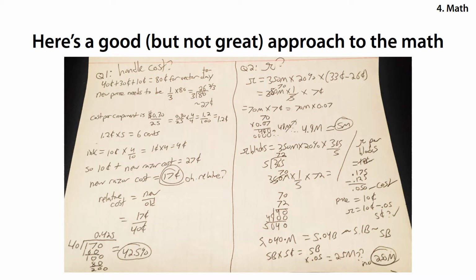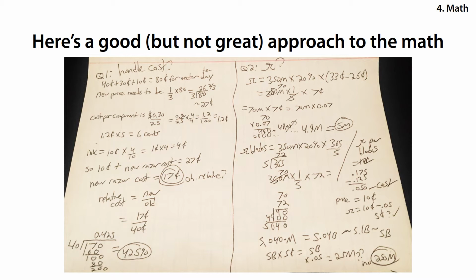So the cost per component is 30 cents over 25. I'll multiply each side by 4, so that's 1.2 over 100, so 1.2 cents. And then there's going to be 5 components, so it needs to be 6 cents.